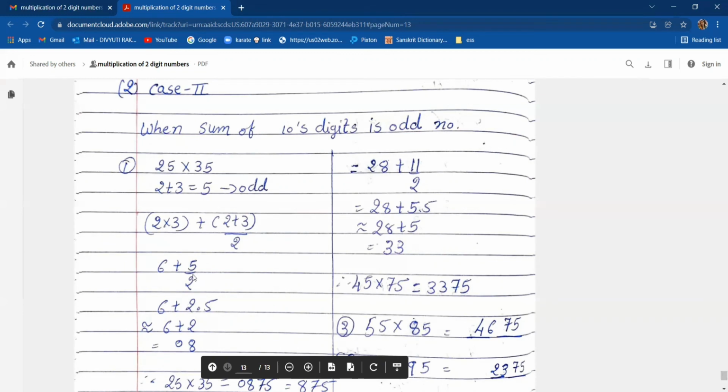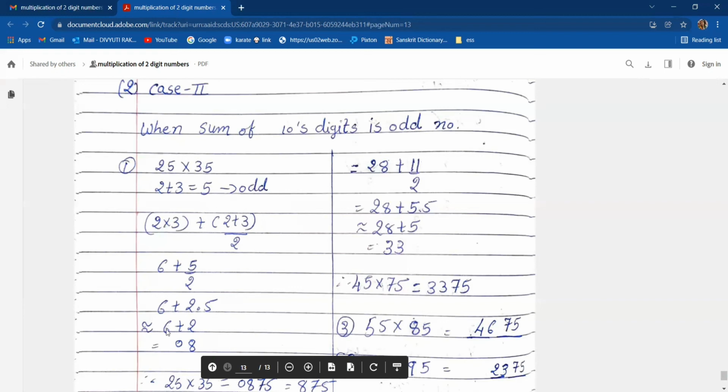But in the addition, here you are not getting a perfect whole number; instead you are getting a number with a decimal point. So for that you should keep in mind that you have to consider only the integer part of this decimal number, and you will add it in this.